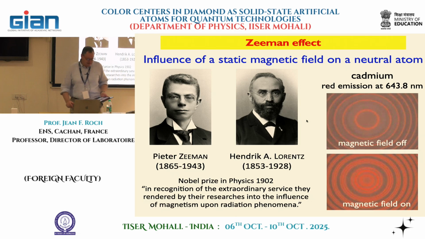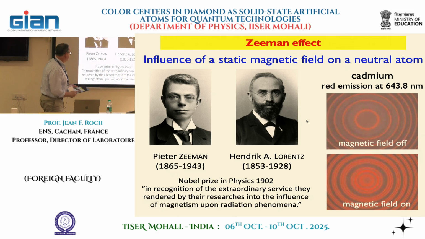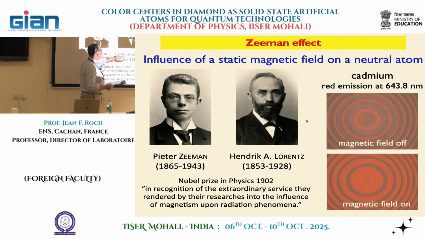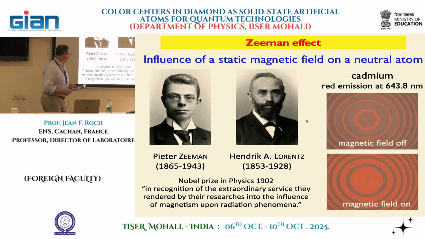That was explained by the famous Hendrik Lorentz, and they both got the Nobel Prize in Physics, with the citation: in recognition of the extraordinary service they rendered by their researches into the influence of magnetism upon radiation phenomena. Actually, people had tried to observe whether a magnetic field could have some effect, and very famous people tried that.